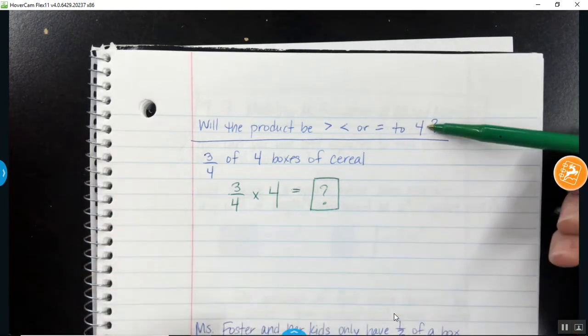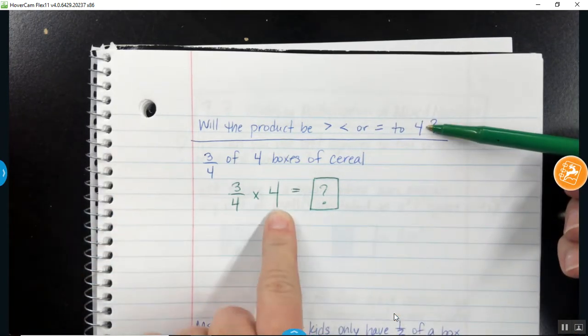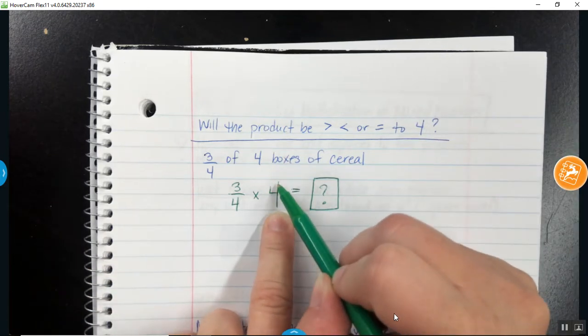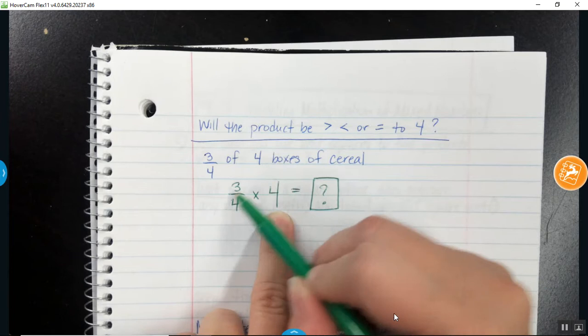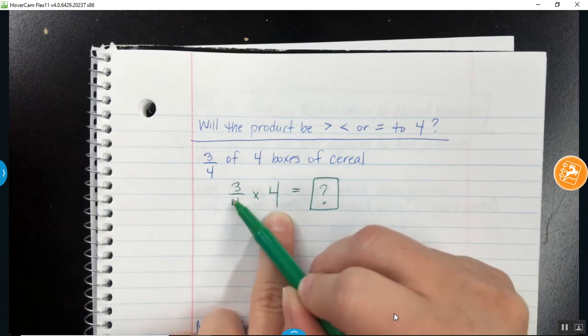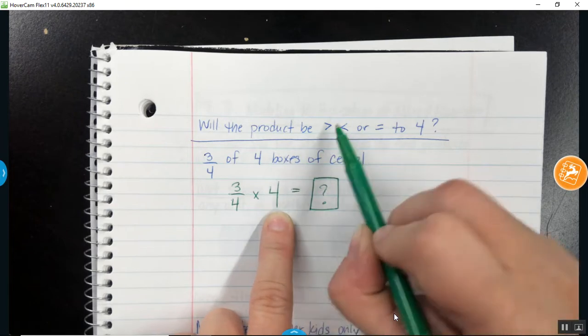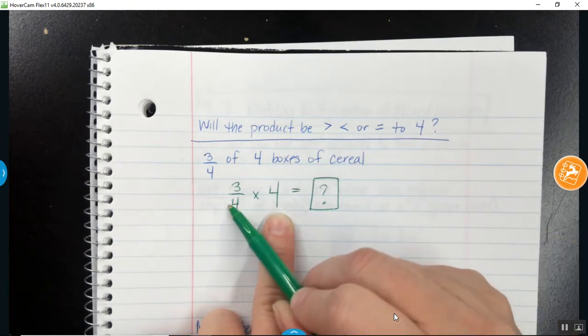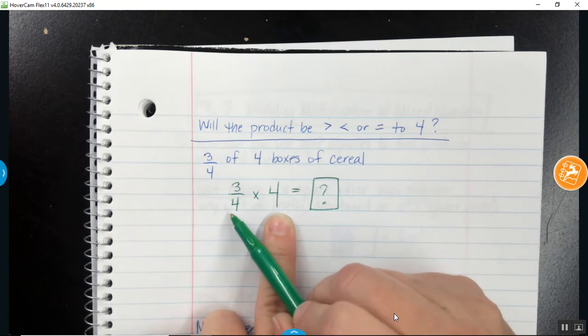Okay, so I'm going to look at the 4, and I'm going to do step number 3, which is compare what does the other factor do to this factor? If I multiply this factor times this factor, will my answer be greater than, less than, or equal to 4? Here's the 4. I'm multiplying it by a number that is less than 1.